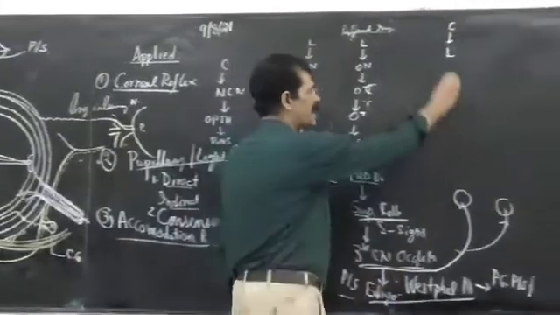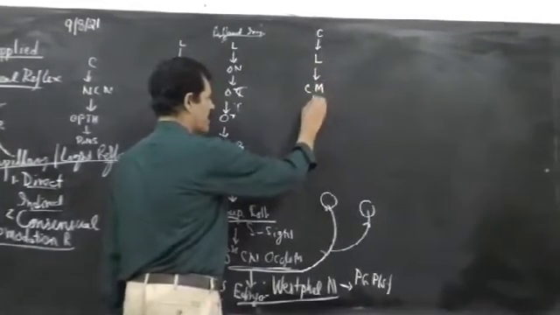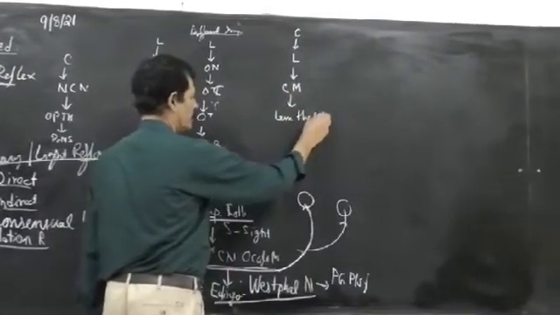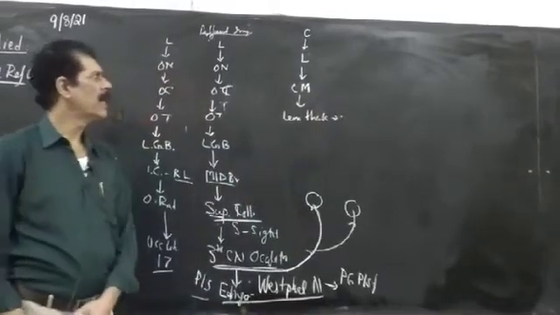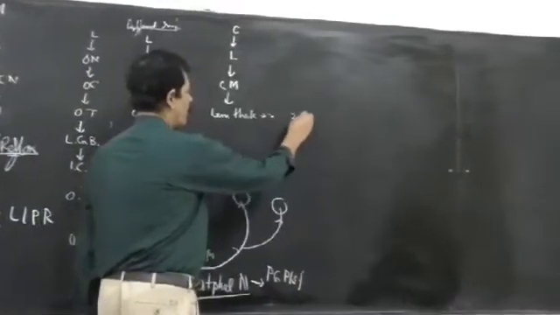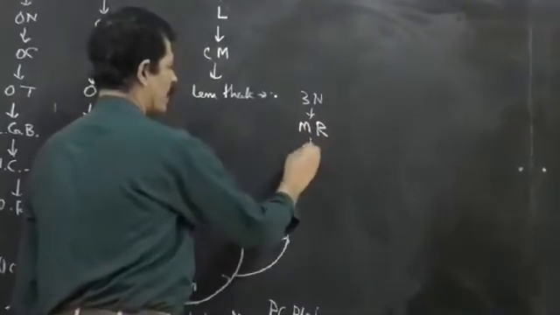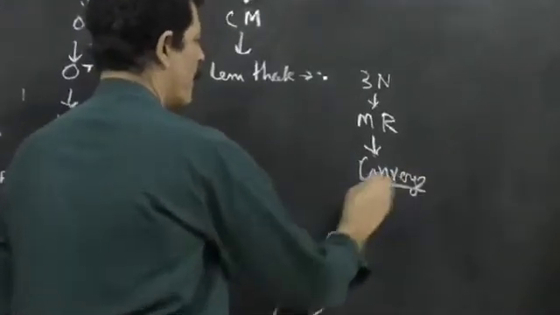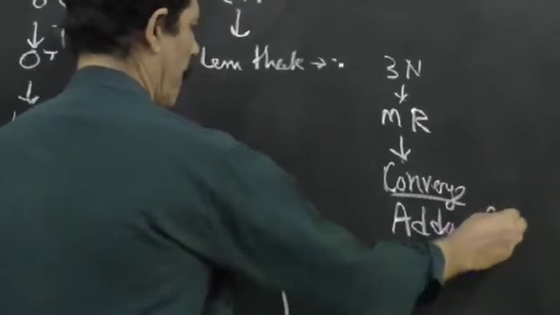So it reaches the lens, and in the lens what happens? Ciliary muscle contracts and the lens becomes thick in the near vision. And at the same time, the oculomotor nerve reaching the medial rectus, it contracts and brings about convergence of the eyeball, or adduction, what is called the adduction movement of the eye.